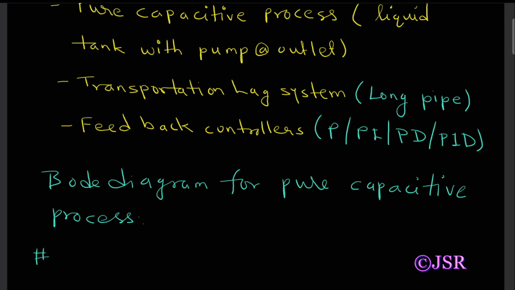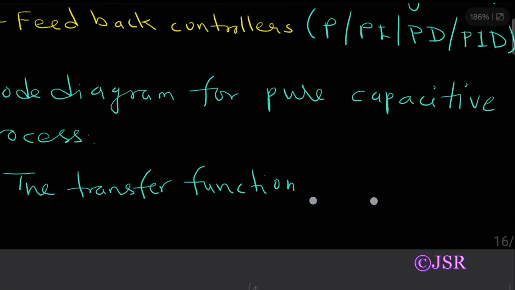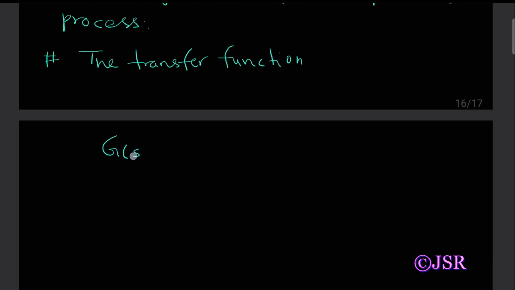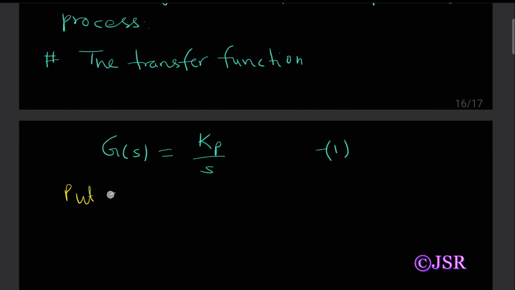So for the pure capacitive process, the transfer function is G of S equal to Kp upon S. Substitute S equal to J omega.